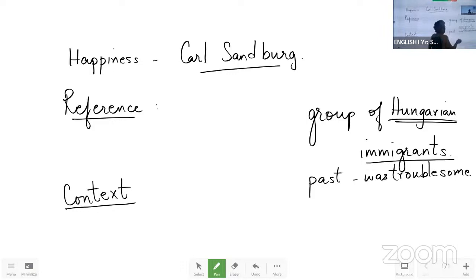And naturally, in the present, you are in a different country which has a different culture, tradition, language. Language is the main problem.